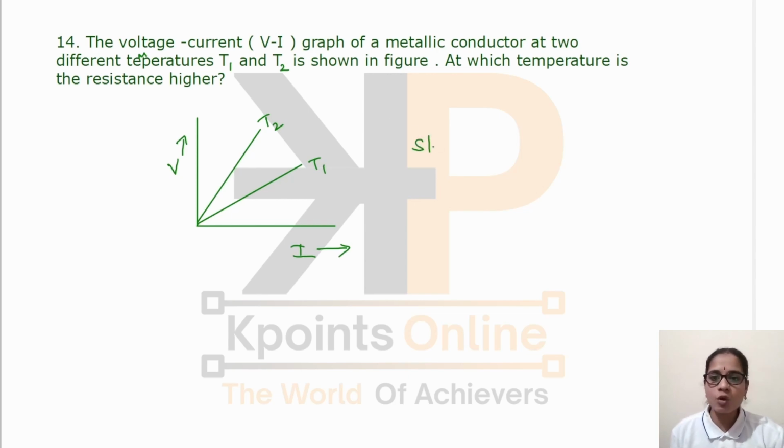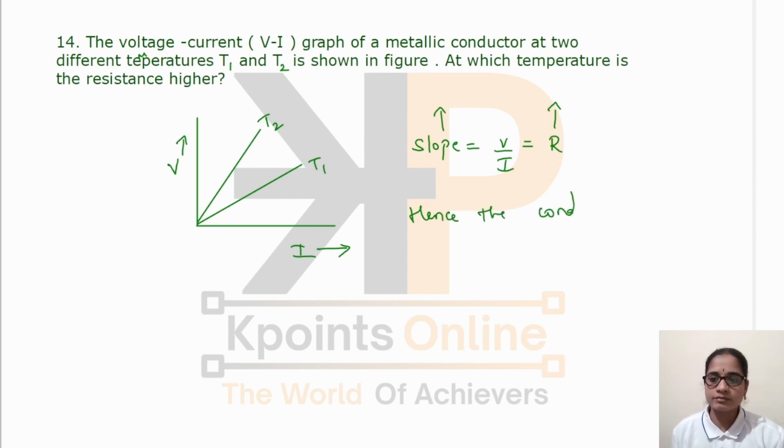We know that slope is equal to V upon I for this graph, which is equal to R, which implies more the slope, more is the resistance. Among these two graphs, which one is having higher slope? For the conductor at temperature T2, it is having higher slope, which implies the resistance for this conductor at temperature T2 is more.